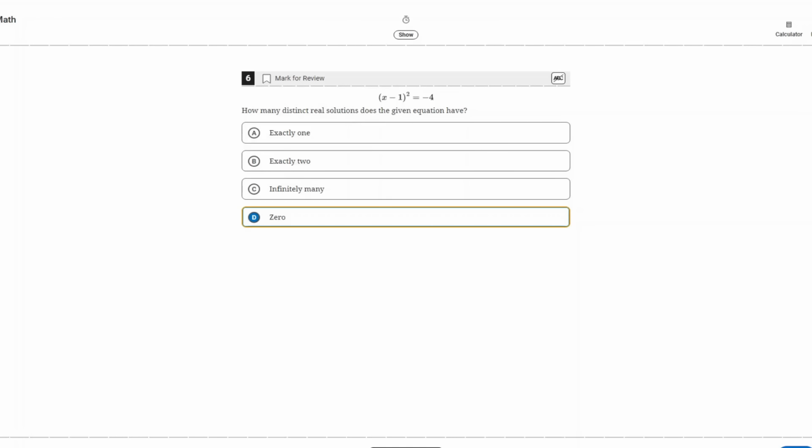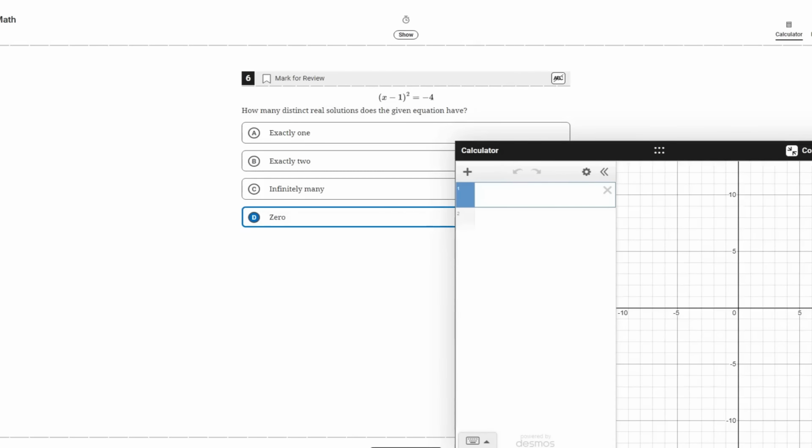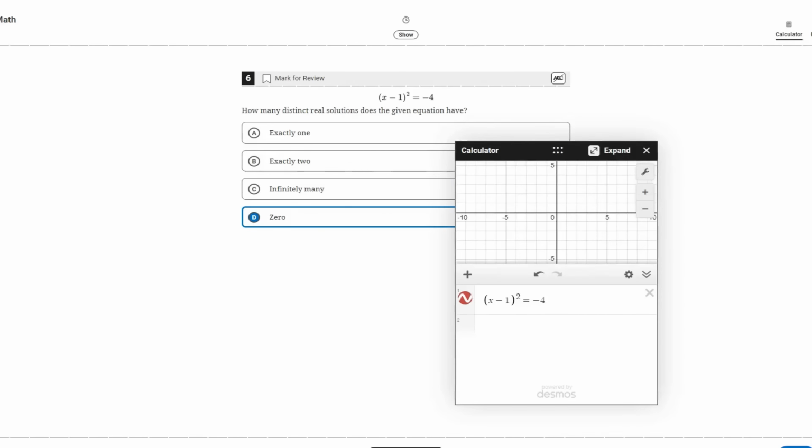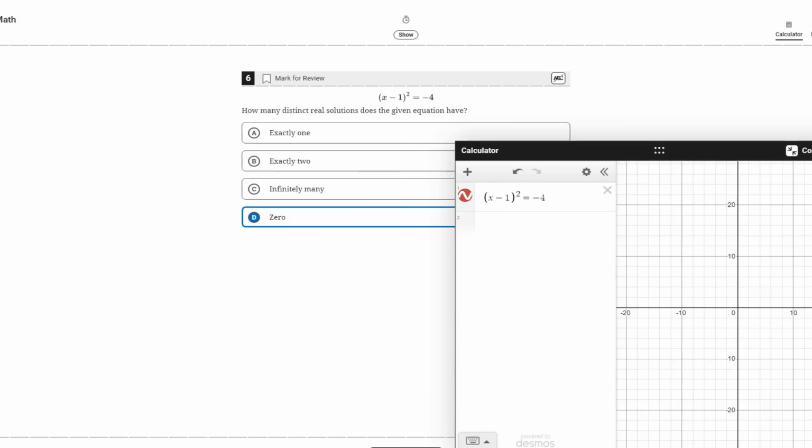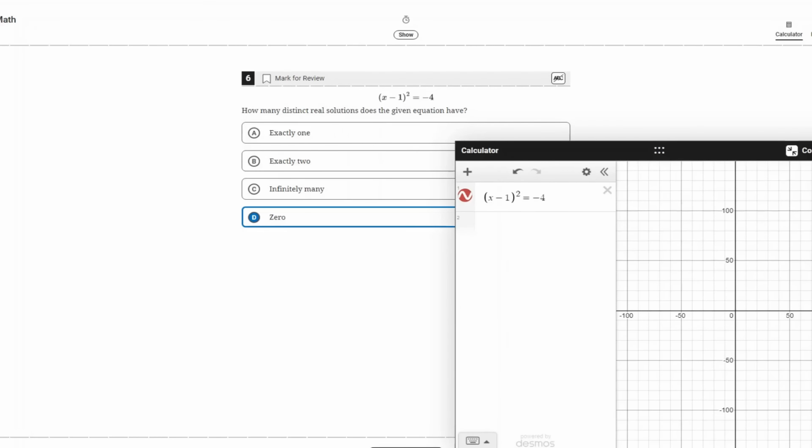A complete square cannot be a strictly negative number. But if you are not sure, let's check. You don't need to, but let's check our calculator. x minus 1 squared equals negative 4. You see? We have no graph because this has exactly no solutions.